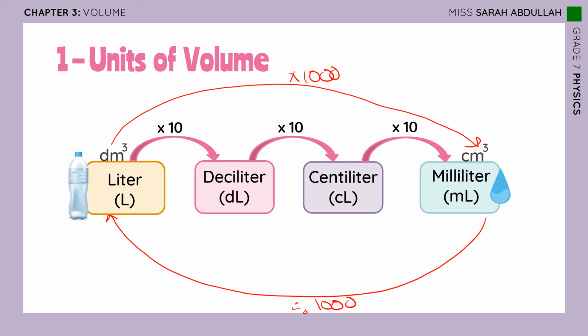From milliliter to centiliter, we divide by 10. Then from centiliter to deciliter, we divide by 10. And from deciliter to liter, we divide by 10. So this is how we convert between these new units of volume that we know right now, which are liter, deciliter, centiliter, and milliliter.